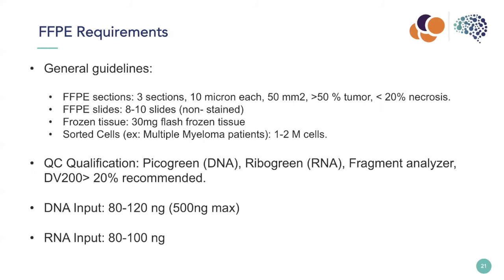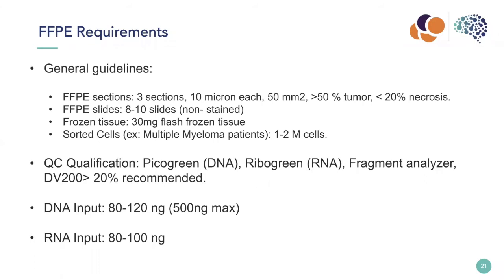So FFPE requirements are shown here. They're probably about what you'd expect. Three 10-micron sections of greater than 50% tumor cells, less than 20% necrosis, with an approximate tissue area of 50 millimeters squared is ideal. If only slides are available, 8 to 10 non-stained slides would be helpful.